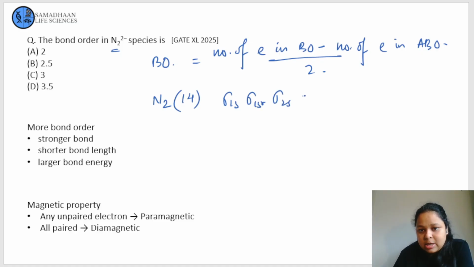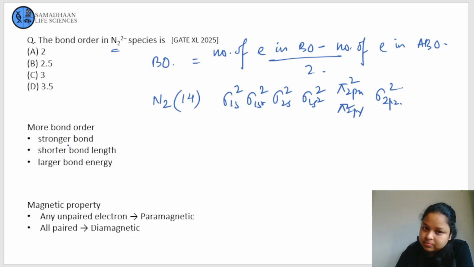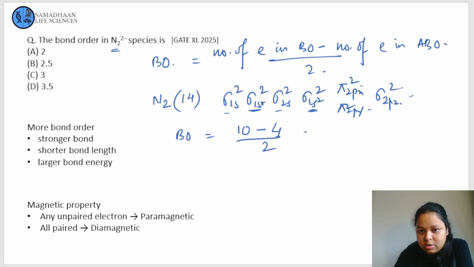So σ1s, σ*1s, σ2s, σ*2s, π, and σ. So 2, 4, 6, 8, 10, 12, 14. Right? So now the bond order would be the number of electrons in bonding orbitals, 2, 4, 6, 8, 10, minus the number of electrons in antibonding orbitals, this and this. So that is 4, 3. So we already know that there is a triple bond in nitrogen, right?